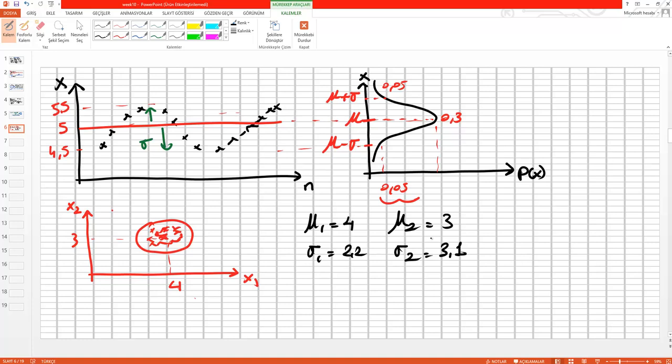Okay, and so we have the P1(x1) and P2(x2) values in here, the probabilities. So this is the x1 and x2.